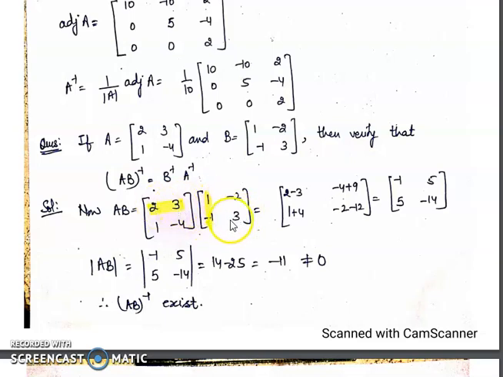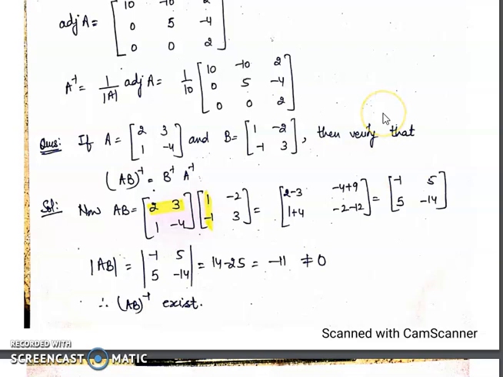First row, second column: 2 into minus 2 gives minus 4, plus 3 into 3 is 9. Similarly, second row: 1 into 1 plus minus 4 into minus 1 is 4. 1 into minus 2 plus minus 4 into 3 gives minus 12. So AB is minus 1, 5, 5, minus 14.